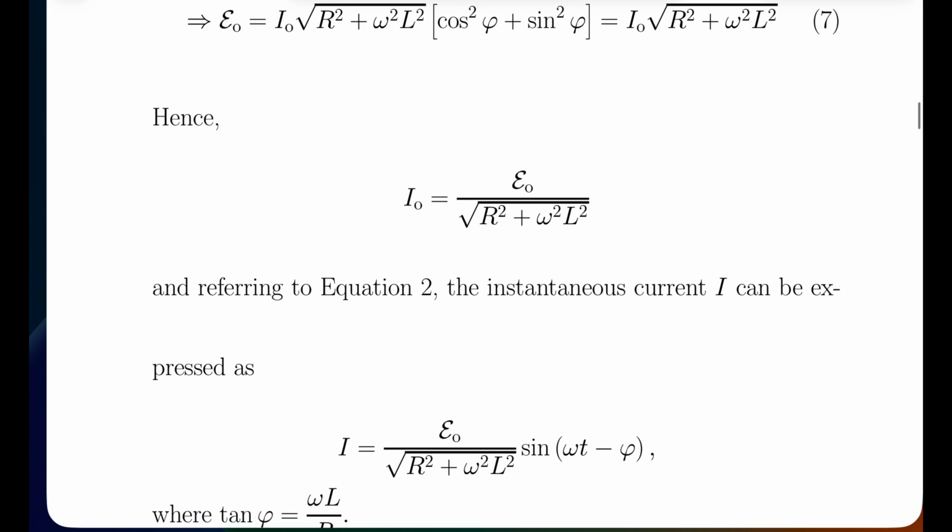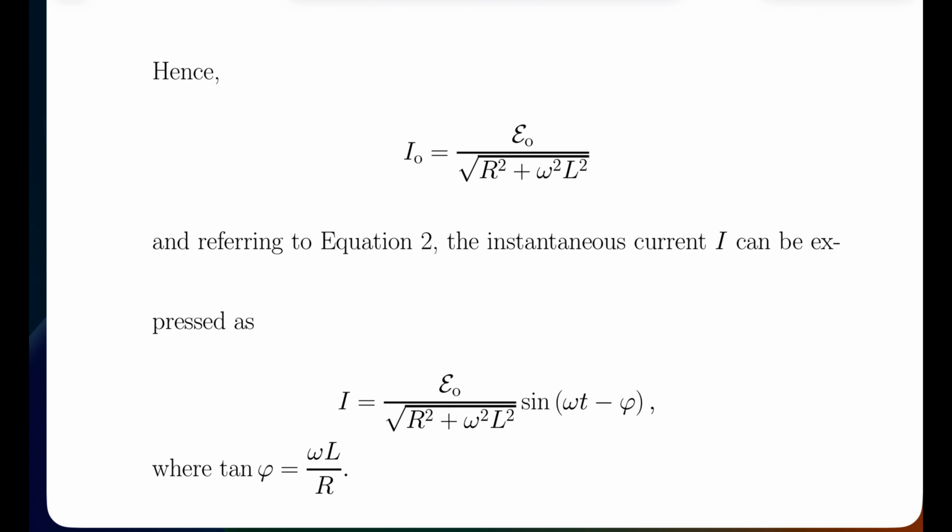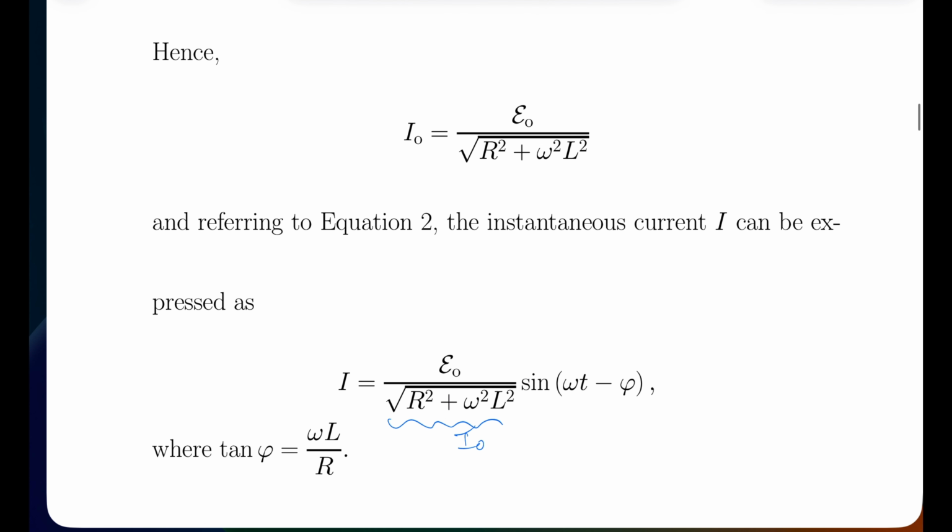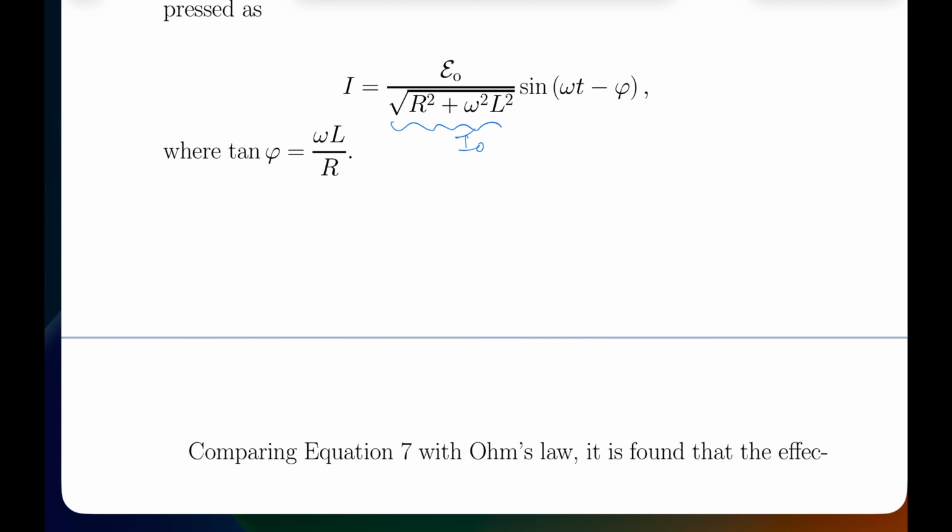Referring to equation 2, we find that the instantaneous current I is expressed as I equal to I naught sine omega t minus phi, where I naught is from this expression and tan phi is omega L upon R. Clear? इस इक्वेशन में ये पार्ट जो है, this is nothing but EMF. ठीक है, this is your EMF.